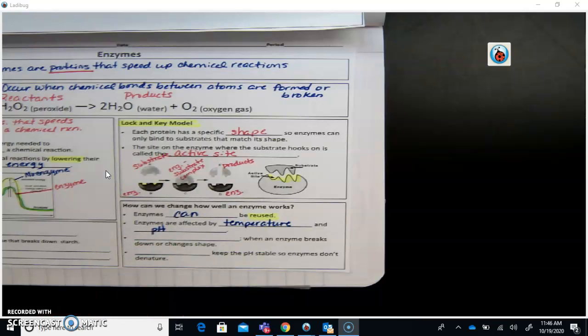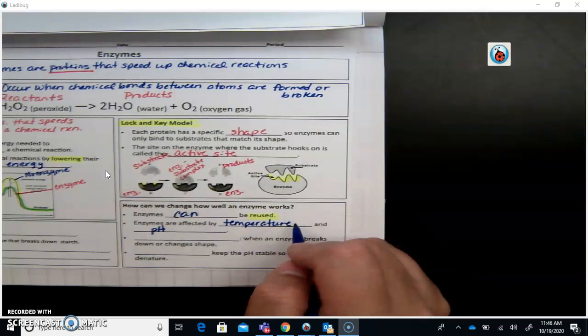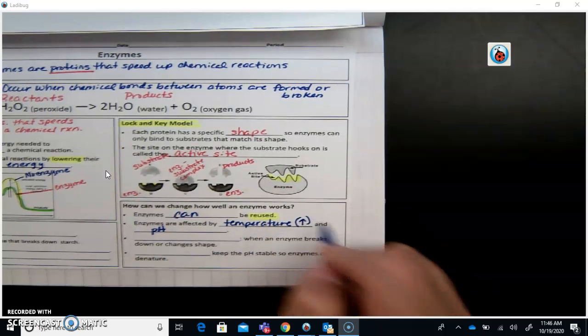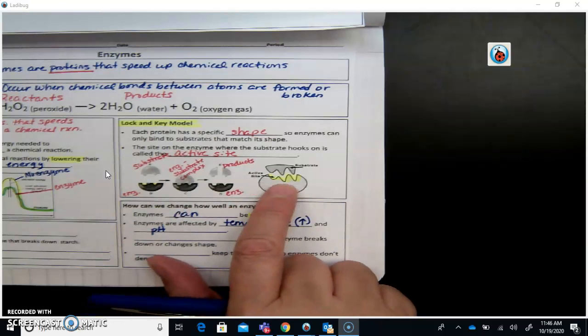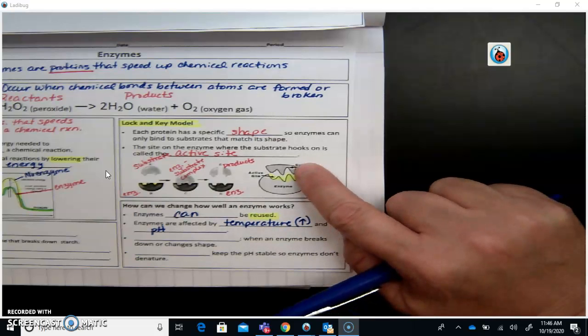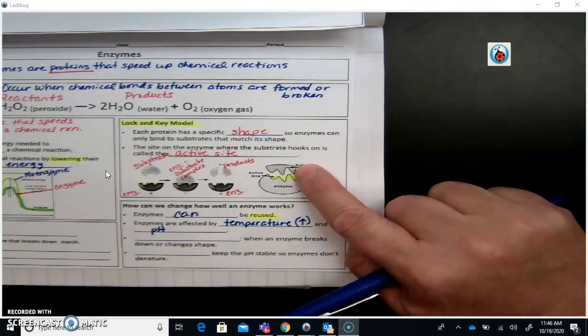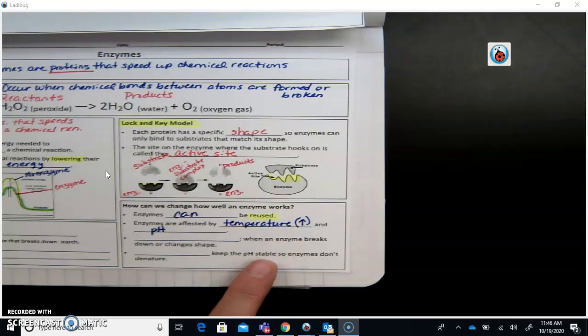So what happens when the enzyme encounters a strong acid or a strong base, or maybe even high temperatures? That can change the shape of the enzyme. And if the shape of the enzyme changes, then it's not going to be able to bond to the substrate and the chemical reaction will not be able to take place. There's a term that describes when an enzyme changes its shape.